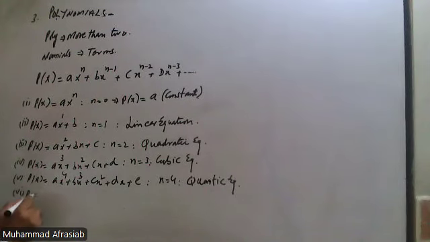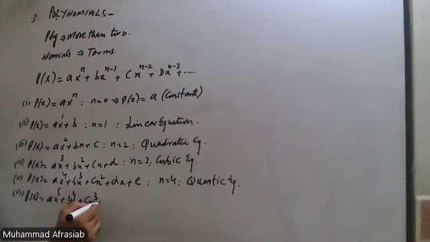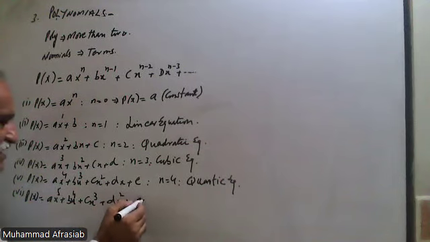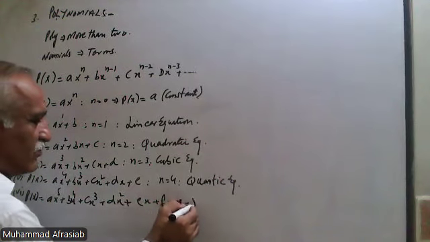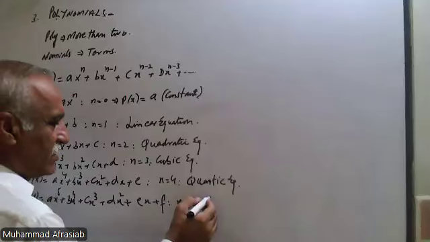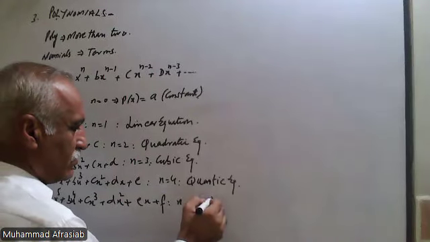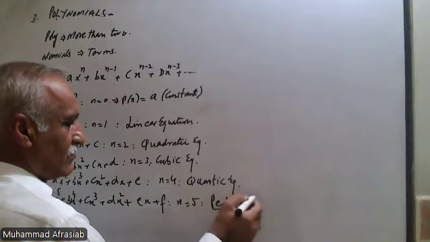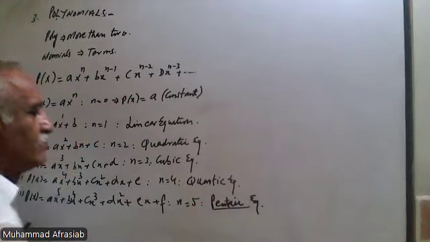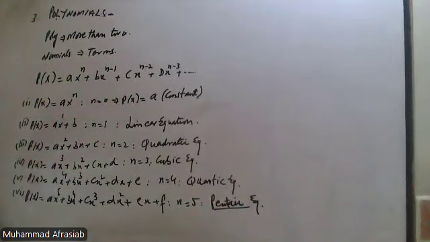If p of x is equal to ax^5 plus bx^4 plus cx^3 plus dx^2 plus ex plus f, where n is equal to 5, then it is known as to be called pentic equations. So these are the examples of these polynomial equations.